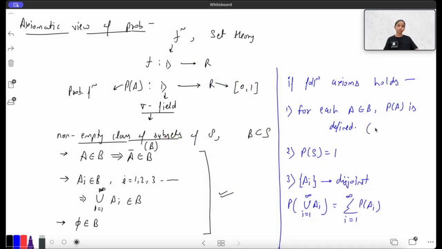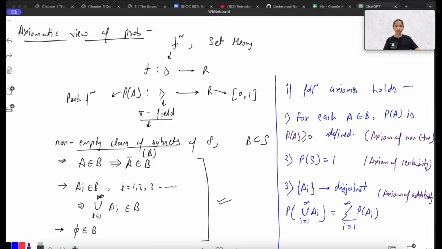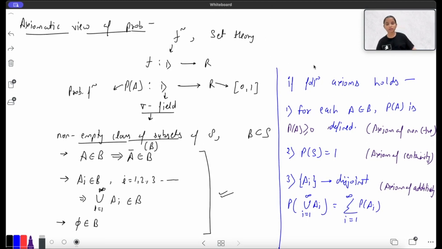The first one is the axiom of non-negativity, meaning probability of A is greater than or equal to 0. The second is the axiom of certainty. And the third is the axiom of additivity.